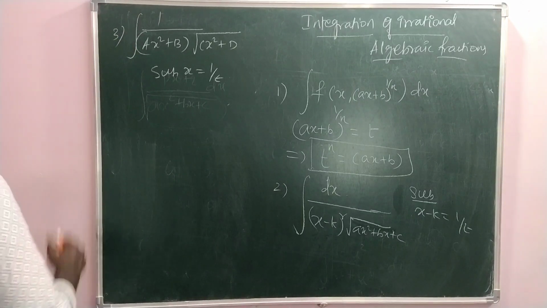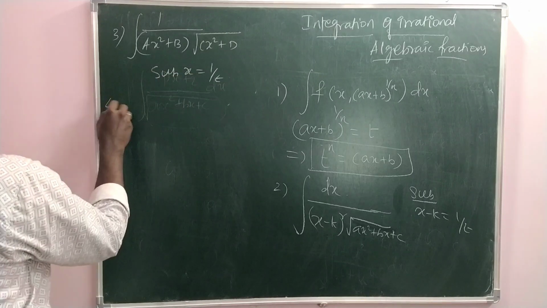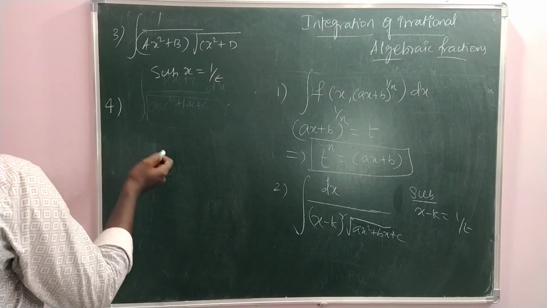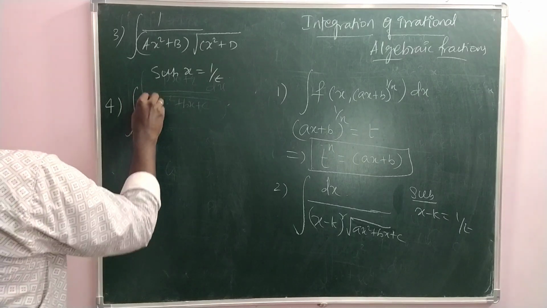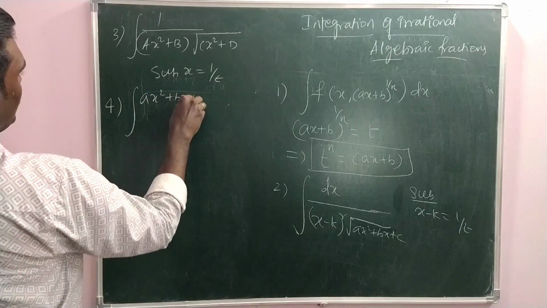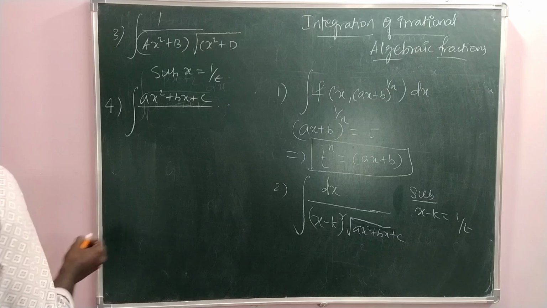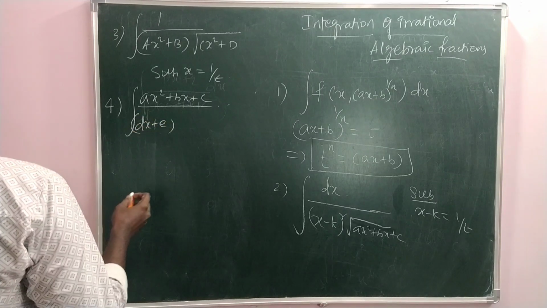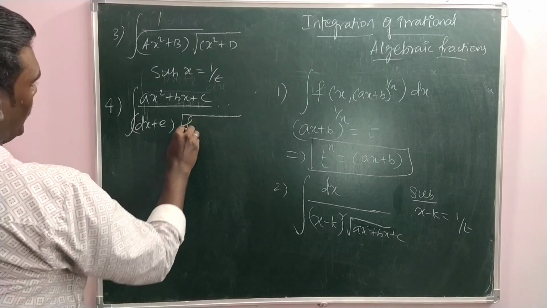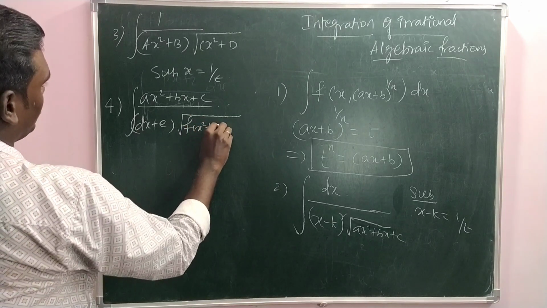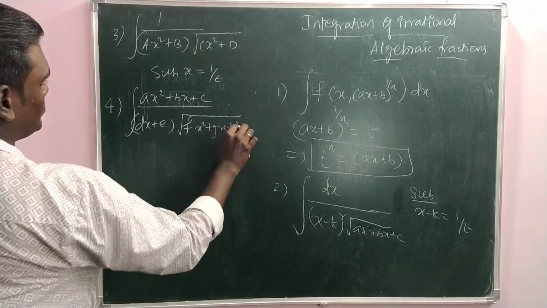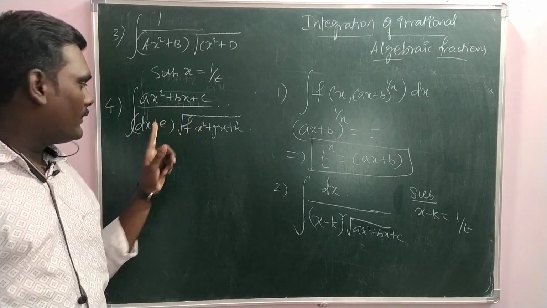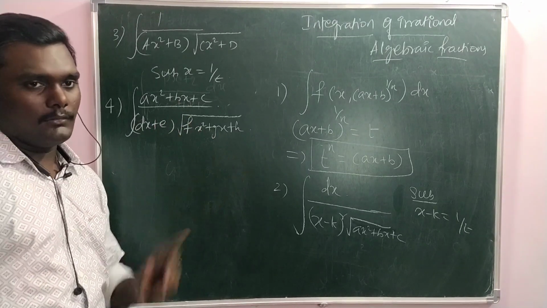And then the fourth one is of the form (ax square plus bx plus c) divided by (dx plus e) into root of (fx square plus gx plus h). That is a quadratic function divided by one linear into square root of the quadratic.